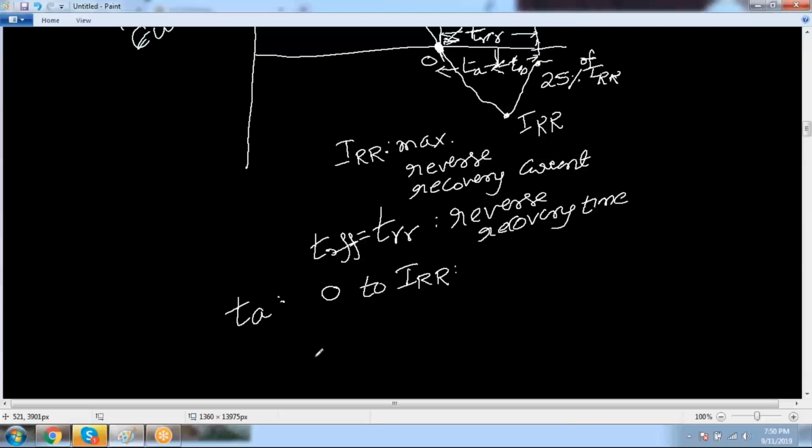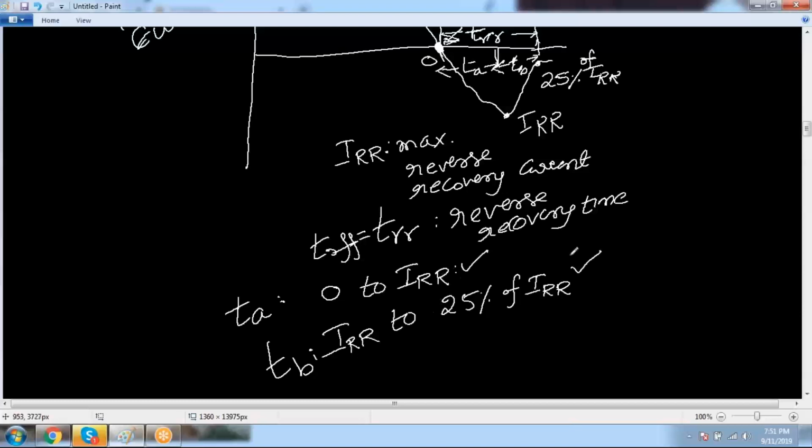What about TB? TB is from IRR to IRR2, no need to take it from IRR to 0, only 25% of IRR. If you take 25% of IRR, the extra charge carriers near the depletion layer can be removed.